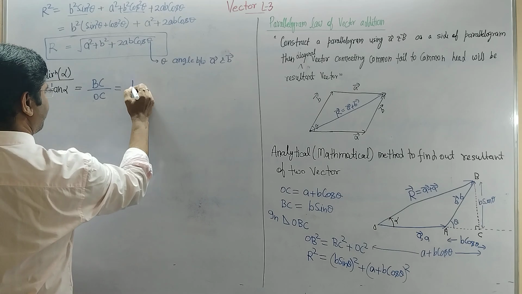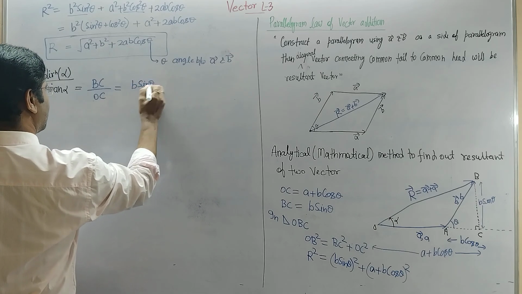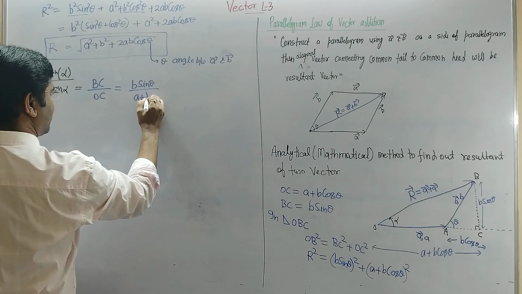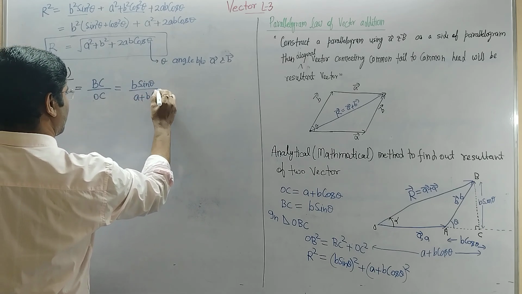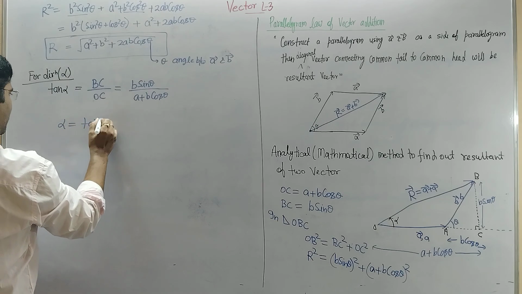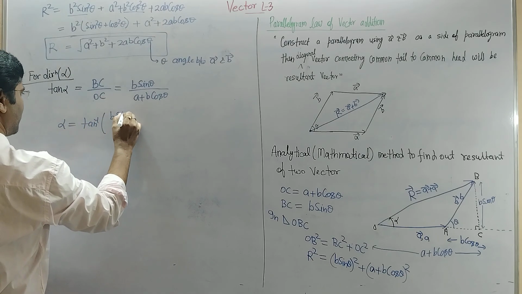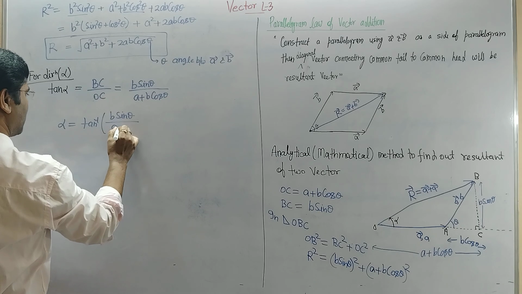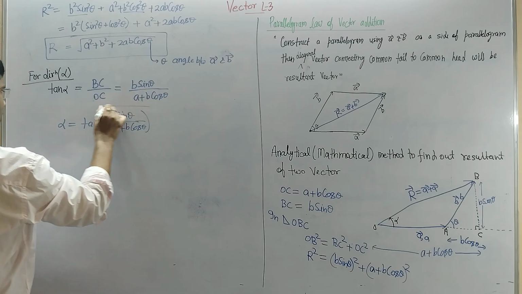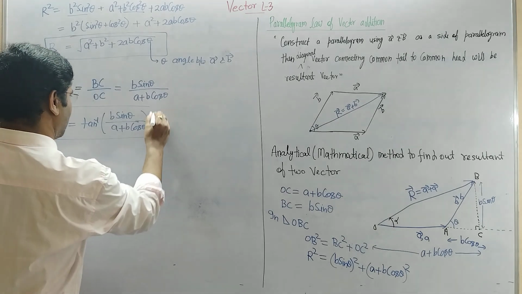BC equal to B sin theta upon OC equal to A plus B cos theta. So this alpha will be equal to tan inverse of B sin theta upon A plus B cos theta. So this is the value of alpha.